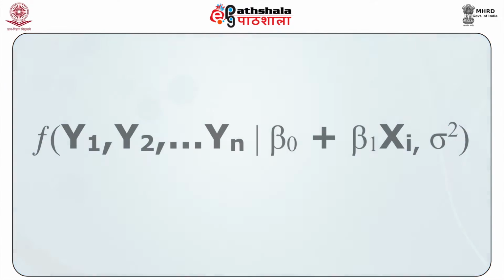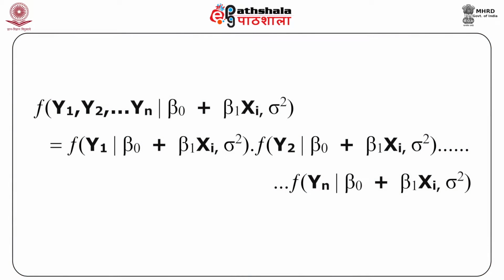The joint probability distribution function as understood above is f(y1, y2, ..., yn | b0 + b1xi, sigma square), where b0 + b1xi equal to m1 and sigma square equal to m2 are the two parameters describing our joint probability density function.